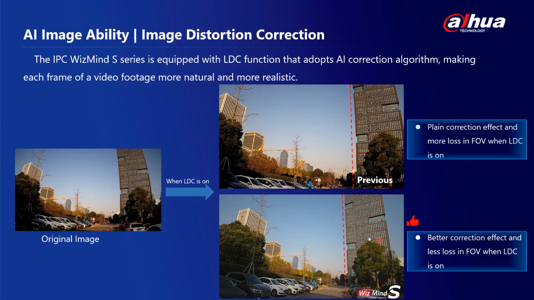So this is one way just to do better correction effect and less loss in field of view when this LDC function is enabled. So you can compare between the three images, then realize that the WizMind S series products provides better image quality, and then again retains that field of view that was lost when the other products' LDC option was enabled.